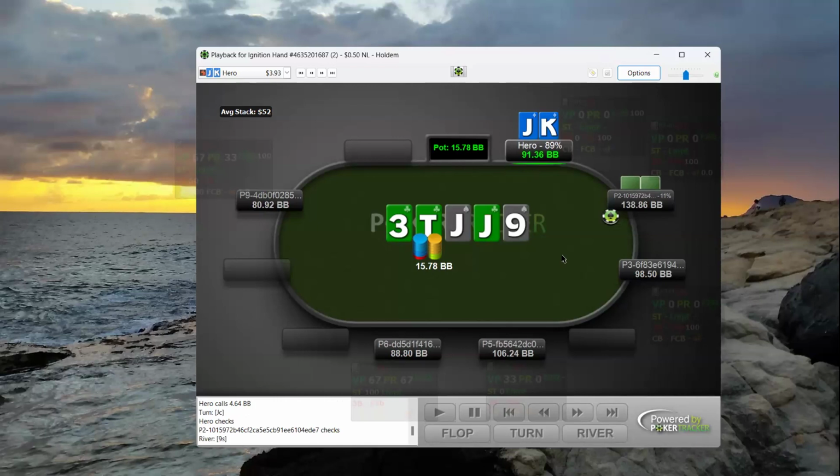That's an interesting spot. So the question is, do we value that, and do we block bet or do we big bet? I don't want a big bet. I want either a block bet or I want to check call a reasonably big bet. And I think I want to buckle up and check call a reasonably big bet.